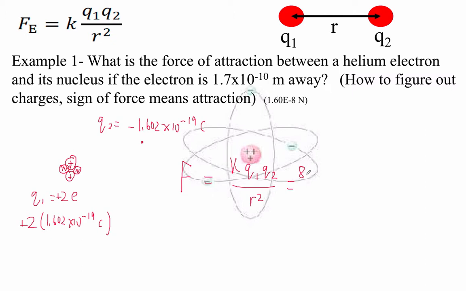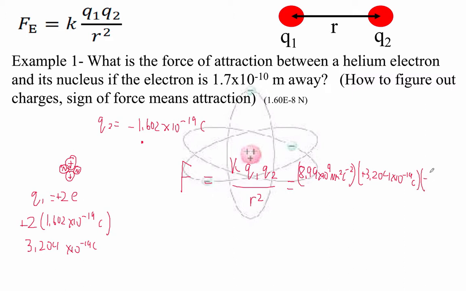All right, so now we've got 8.99 times 10 to the 9th newton meters squared per coulombs squared. And then the first charge is 3.204 times 10 to the minus 19th coulombs, positive.